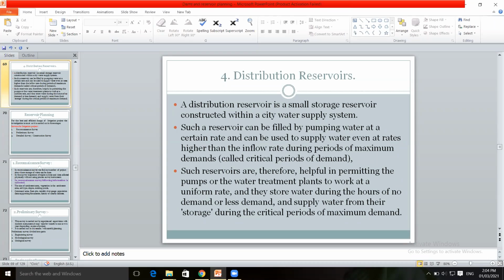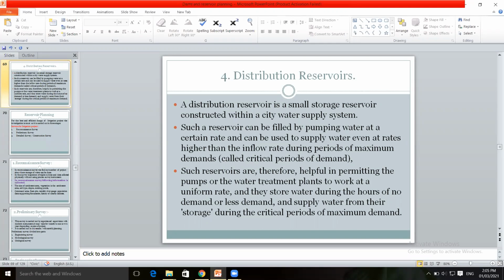Using this reservoir is helpful in permitting the pumps which are installed in water treatment plants at various locations to operate, to regulate the water flow, to distribute the water at a uniform pressure, at a uniform rate.